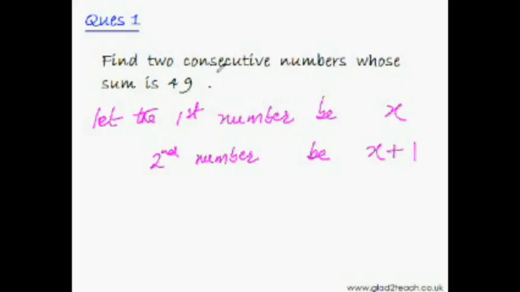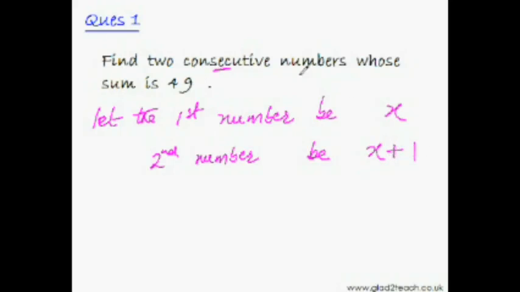That is how we translate the English word consecutive into mathematics. Consecutive means one after the other. Let's say if one number is 7, then the other number would be 7 plus 1, that is 8. So that is why we put plus 1.